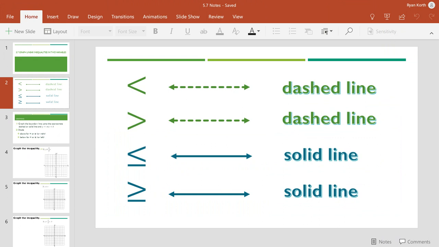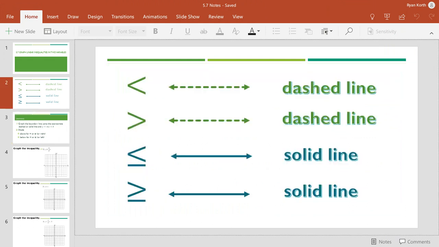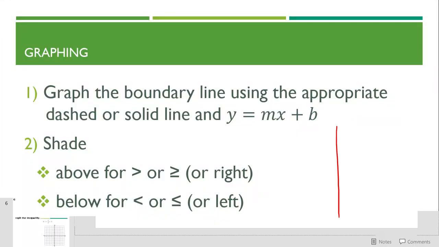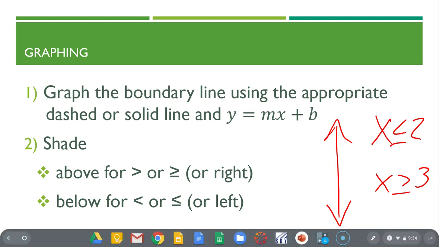Solid lines for less than or equal to, greater than or equal to. We're shading above for greater than and greater than or equal to, below for less than or equal to. The only time we're using right or left is if we have a vertical line. So that would be like x less than 2, x greater than 3, or less than or equal to, greater than or equal to, etc.